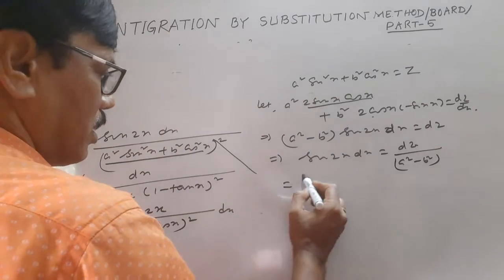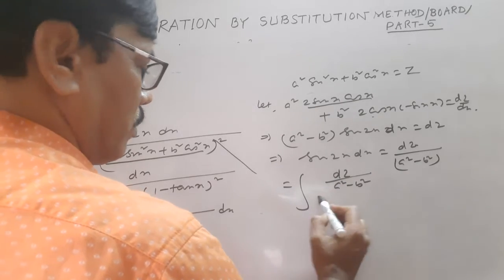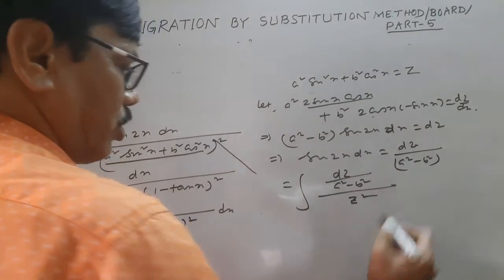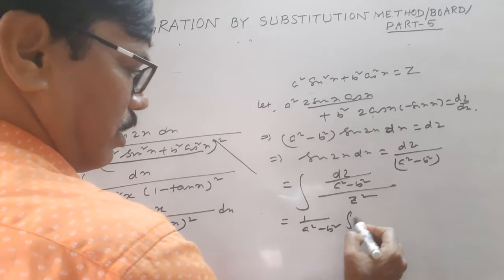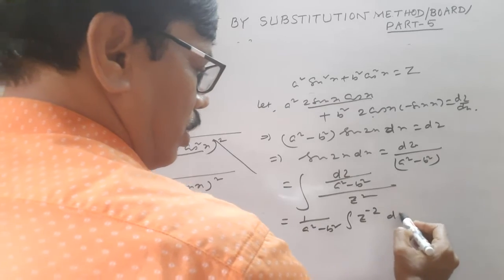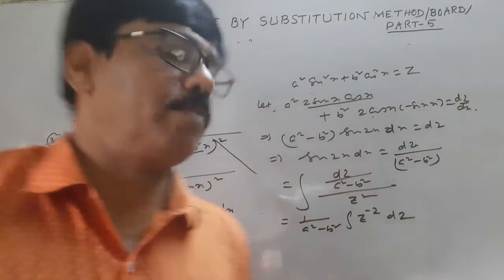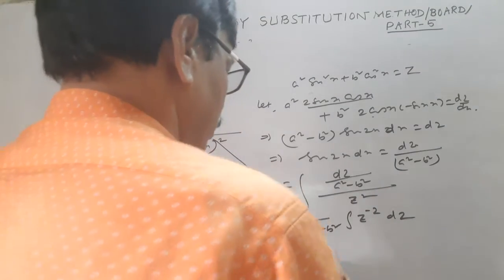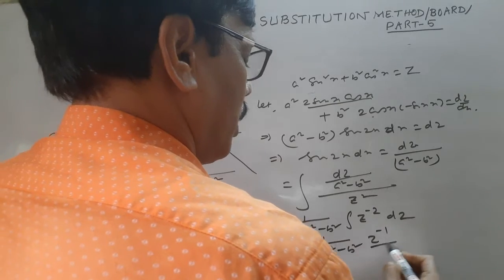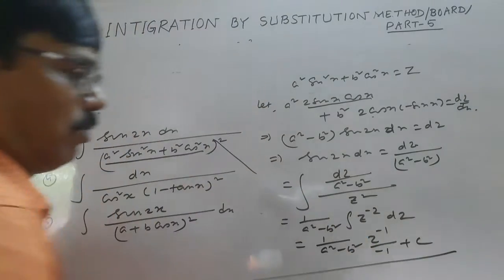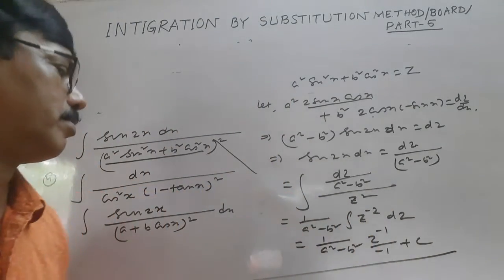So after this, it is dz by (a^2 minus b^2), and this is z square. It is outside, z to the power minus 2 dz. So this is our main aim, to get the standard form. So we are getting the standard form, z to the power minus 1 plus c, then put the value of z.